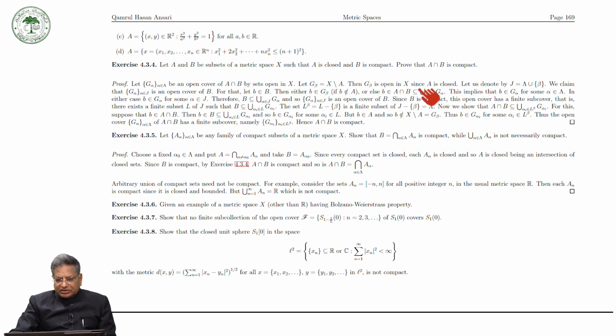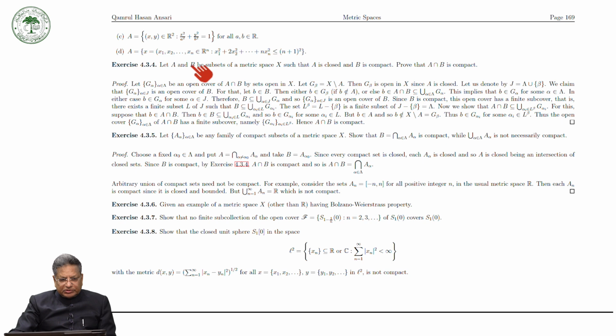This implies that b belongs to G alpha for some alpha in lambda. In either case, b belongs to G alpha for some alpha in J, and therefore B is a subset of the union of G alpha, alpha in J, and so G alpha, alpha in J, is an open cover of B.